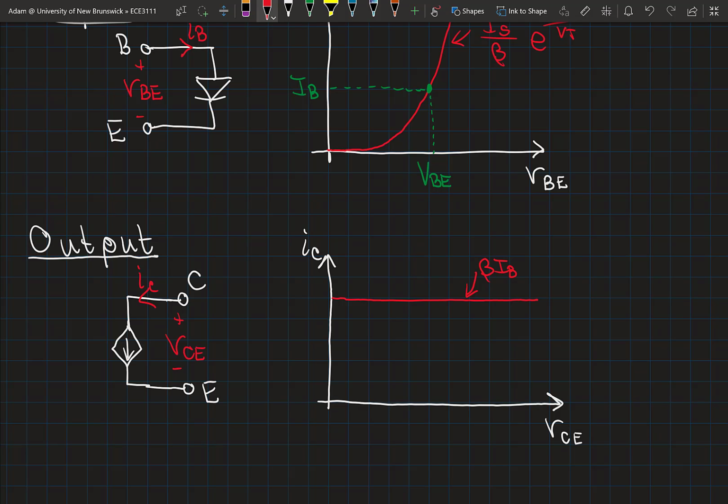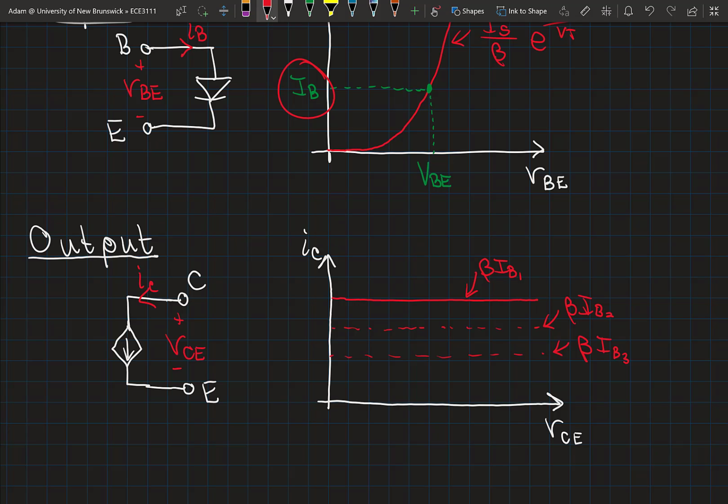I'm going to use an uppercase I here because we're referring to a specific base current or a specific bias point. As that base current changes, this output characteristic will change as well. So for different base currents, we're going to get, maybe we'll call this 1, 2. So the output characteristic again is impacted by that input operating point.